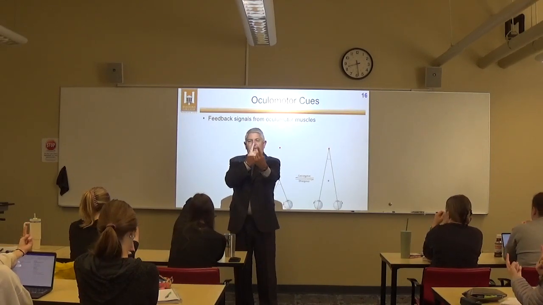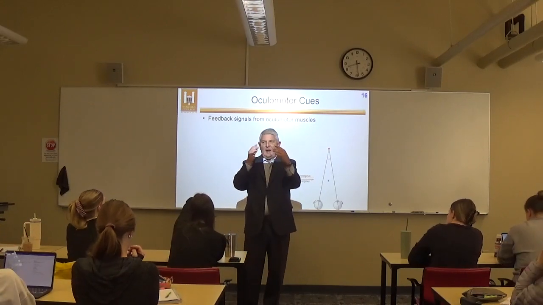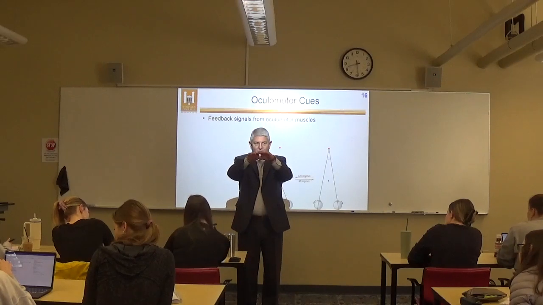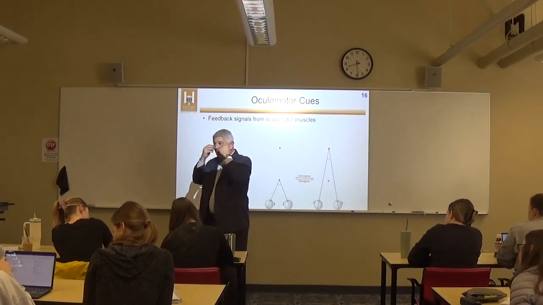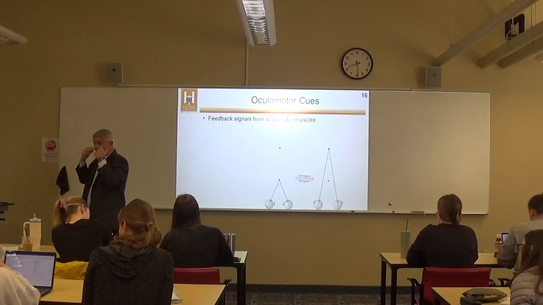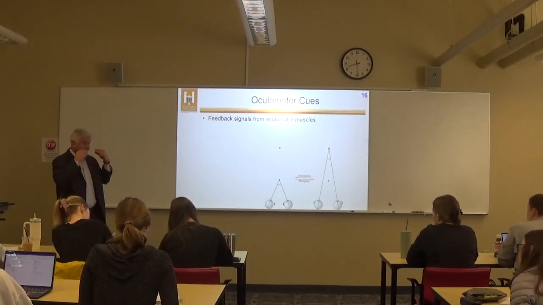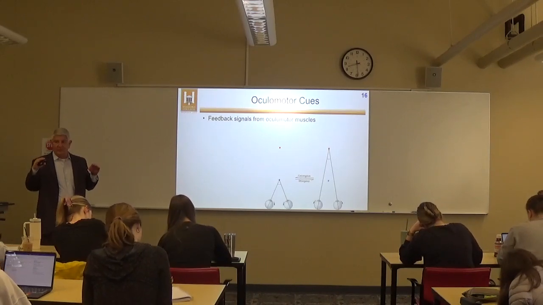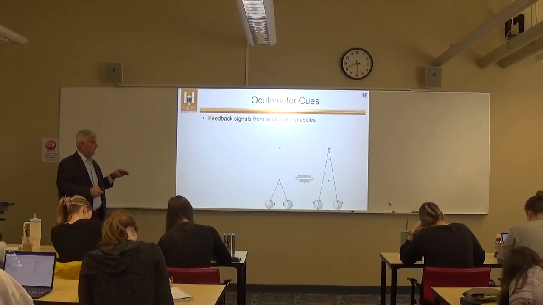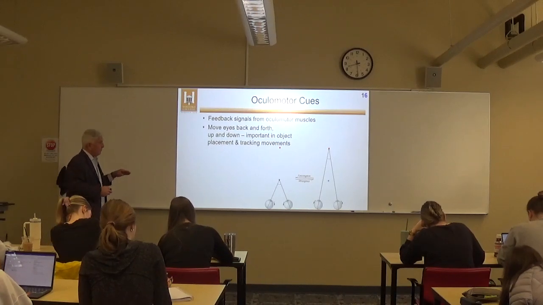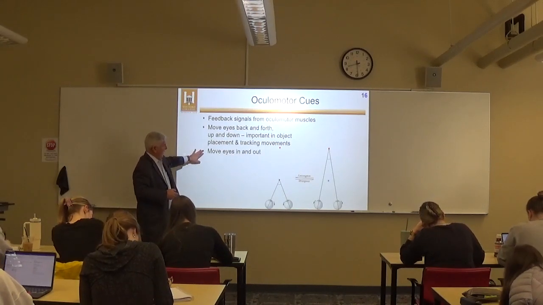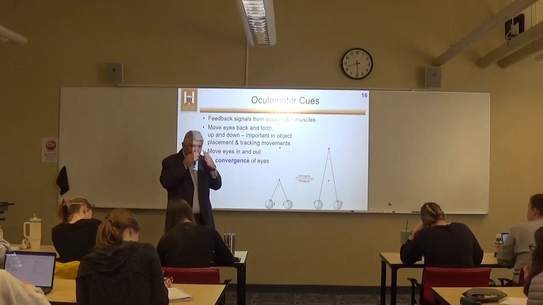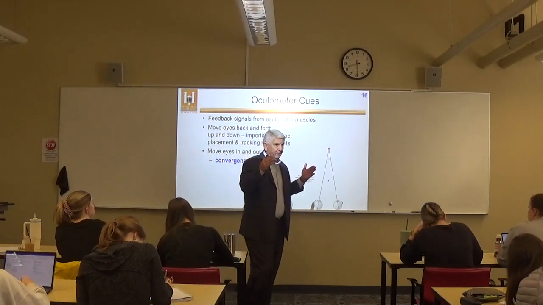When you focus on the thing that's up close, your eyes focus in. As you look at the things further away, they move out. We can feel the amount of convergence and divergence of our eyes, and that is a depth cue for us. Okay? Our eyes move in and out: convergence of the eyes for something that's close, divergence of the eyes for something that's far away.